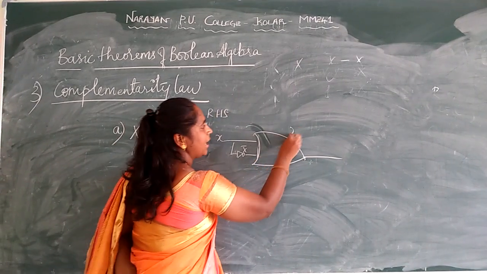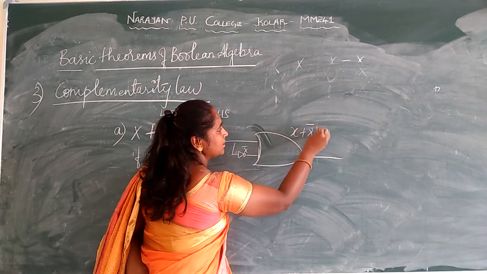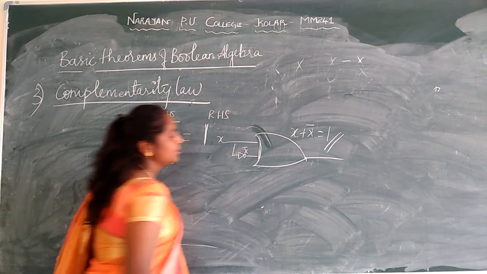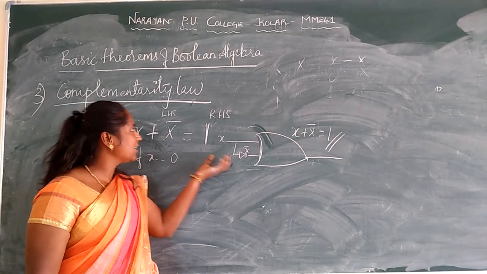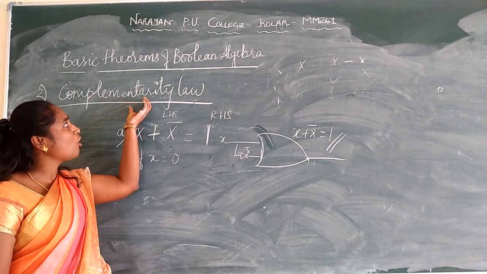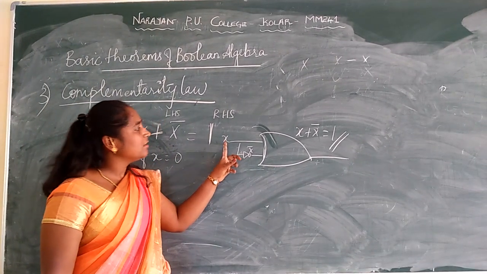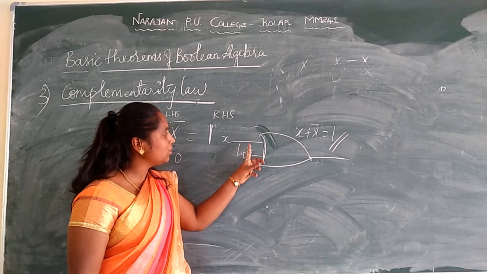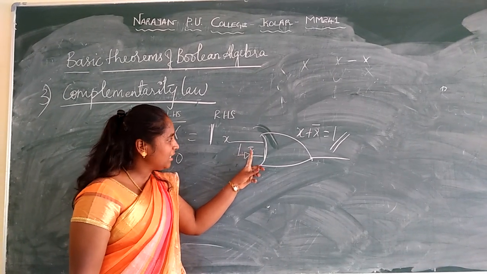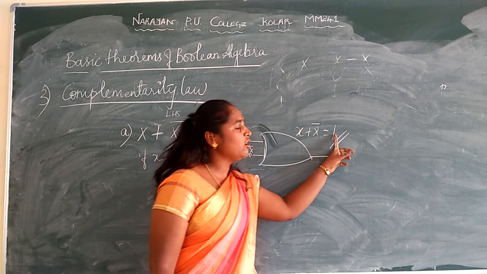That is nothing but x plus x bar is always 1. This is the logic diagram of the first condition under the complementarity law: the variable x combined with its complement x bar gives the result always 1.